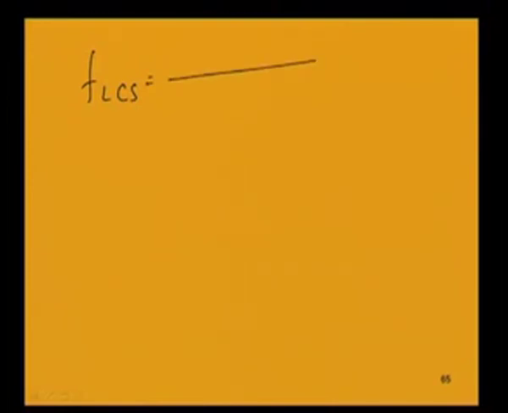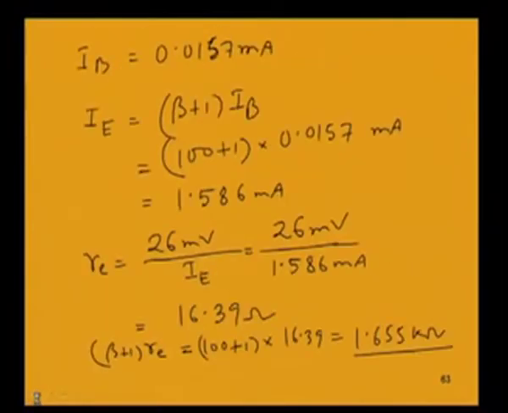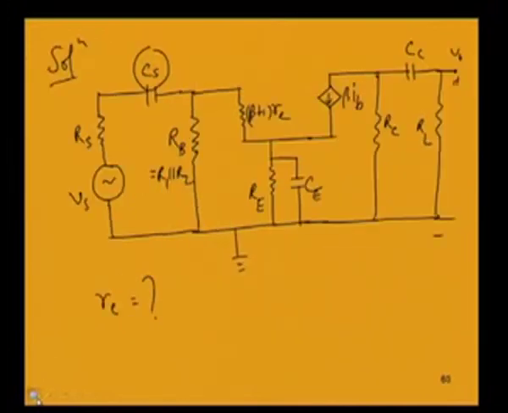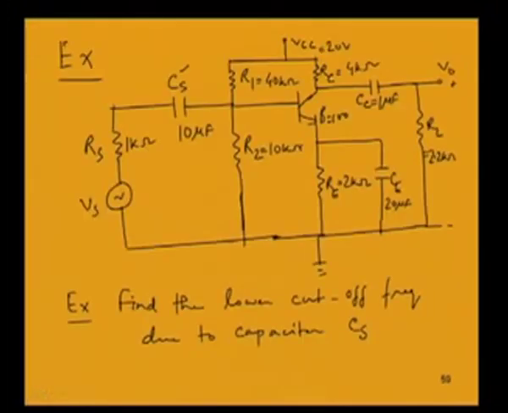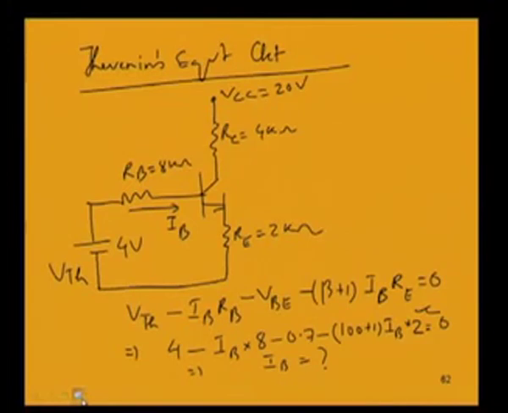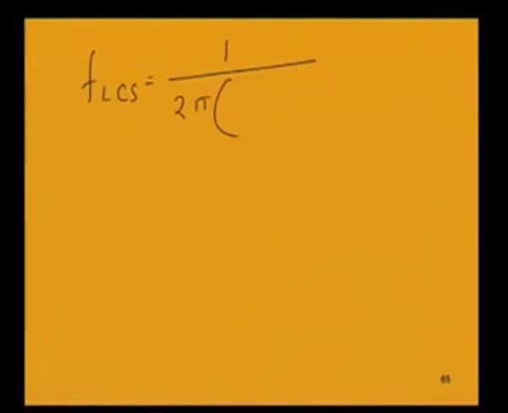FLCS equal to 1 by 2 pi into Rs, the series resistance here with the source, is 1 kilo ohm. So 1 plus 1.371 that we have found out, into the capacitance Cs, which is 10 microfarad, but this is in kilo ohm.